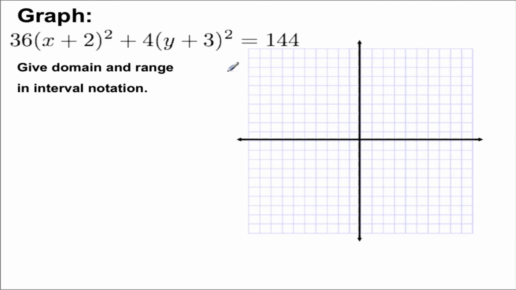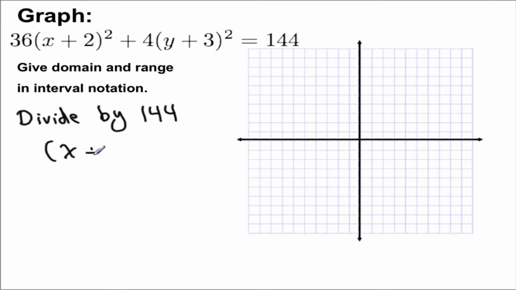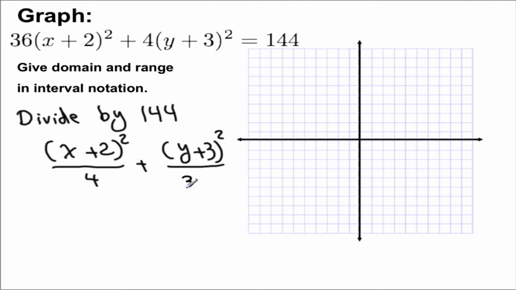This example is an ellipse, but first we need to make sure the right-hand side is equal to 1. So we're going to divide by 144. And we simplify. So this becomes (x+2)² divided by 4 plus (y+3)² divided by 36 equal to 1.